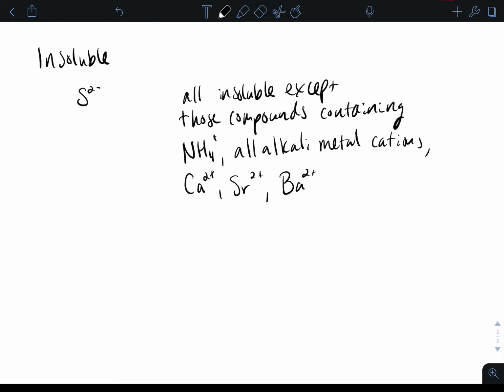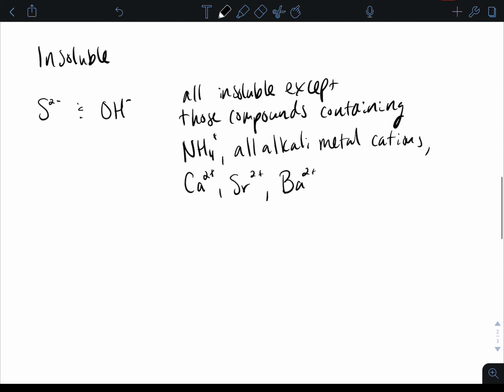Another one that is the same is OH-. It has the same exact exclusions. So S2- and OH- are both insoluble. All complexes are insoluble unless they contain ammonium ions, alkali metal cations, calcium 2+, strontium 2+, or barium 2+.